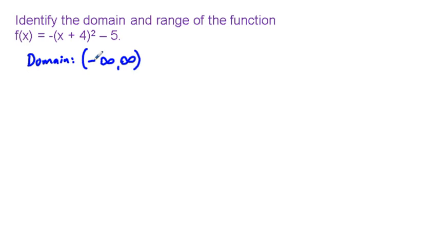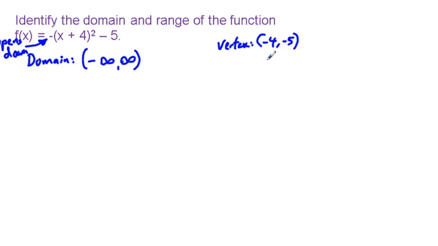And are we opening upward or downward? So this negative sign in front means opens down, or downward. So that means that this value here, our vertex, is going to be the coordinate pair negative 4, comma, negative 5.